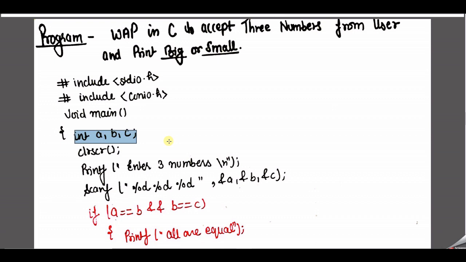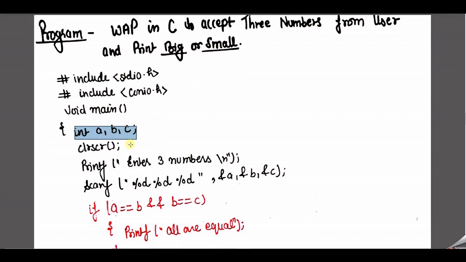If you want to check for all types of numbers, then you take float here: float A, B, C. We can also write int A semicolon, then int B semicolon, then int C semicolon, but with the help of the comma operator, I remove these extra lines and write the program with a single statement. This comes under comma statements, where A, B, C are all integer types, so we can write them in a single statement.